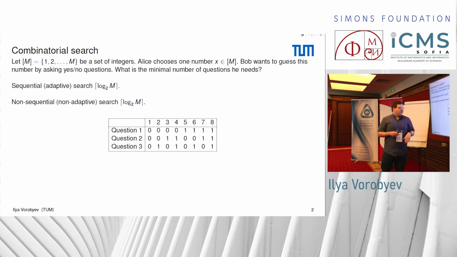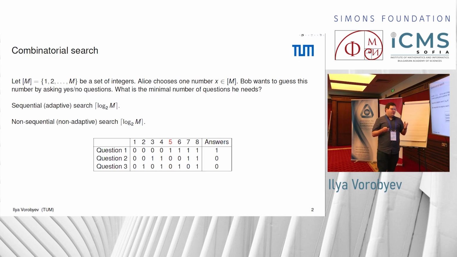So here we have m equals 8, we have 3 questions, and we put 1 at the intersection if so. Basically, his first question is: does the number x belong to the set 5, 6, 7, 8? Yes, and so on. And then he just receives the answer.